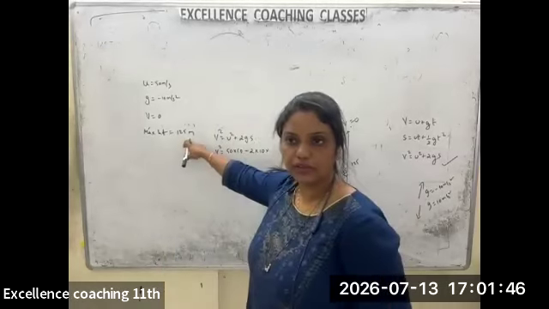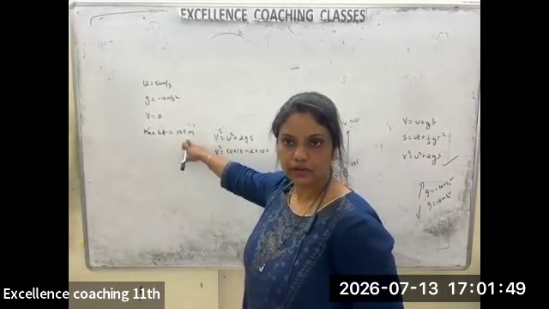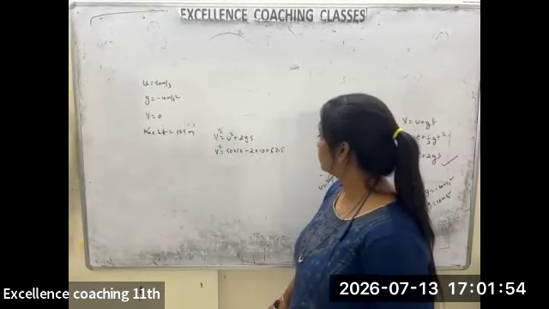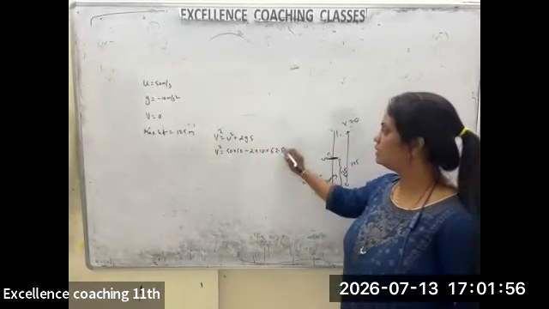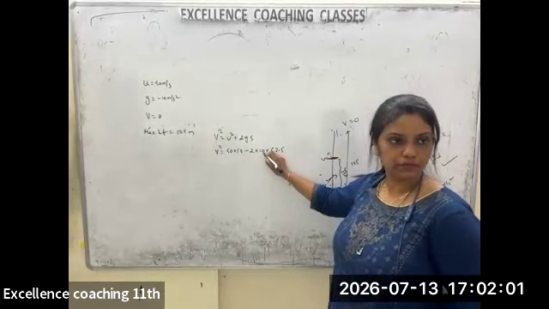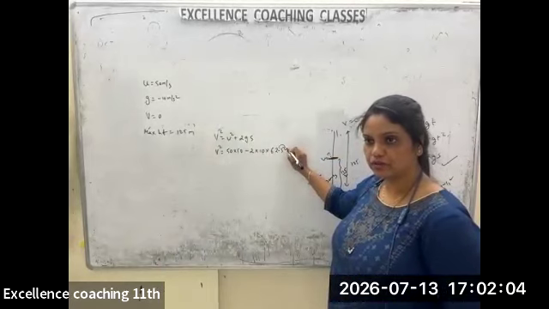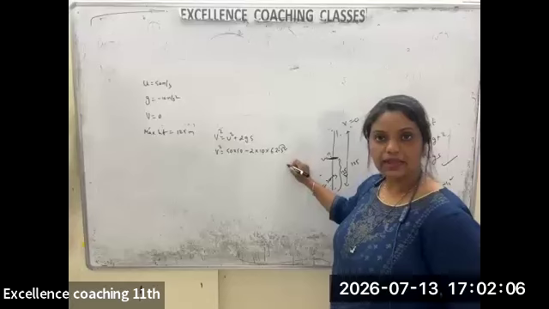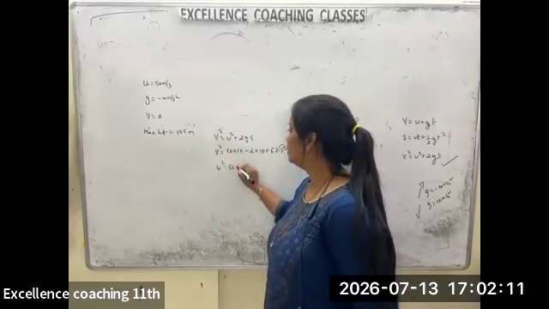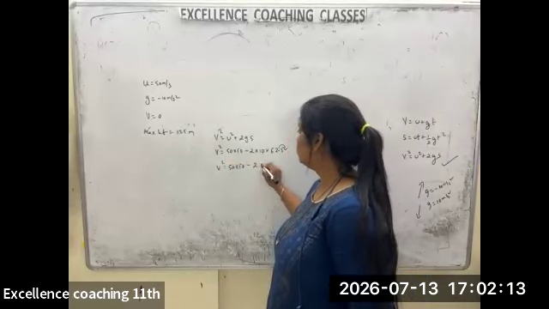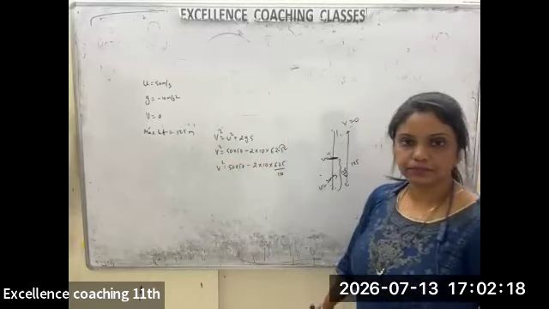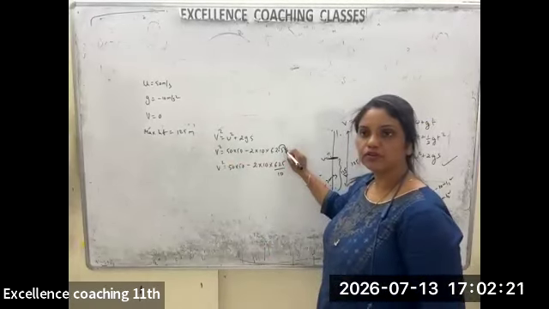How much? 62.5. Correct, no? Can you make it as 625? For 10 to be removed, 1 decimal point when you shift, you have to divide by 10. So B square will be 50 into 50, 2 into 10 into 625 upon 10. 1 decimal point when you shift, you have to divide by 10.